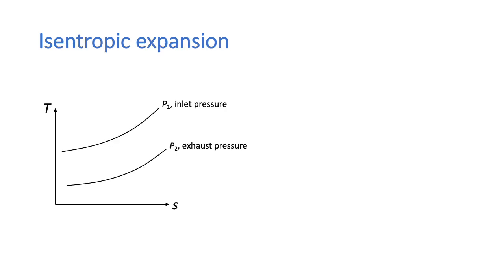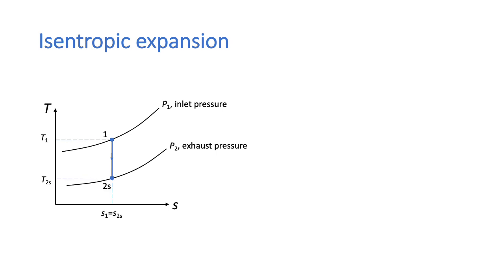We can now show the isentropic expansion on a TS diagram, where the gas expands from some pressure P1, which is the inlet pressure, to P2, which is the exhaust pressure. If the inlet temperature, T1, is fixed, that fixes the inlet state 1.